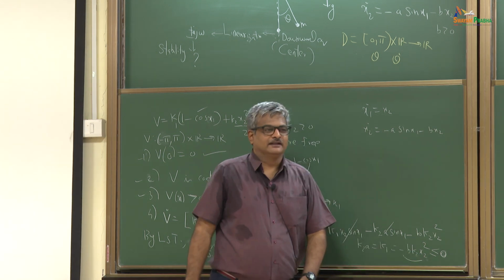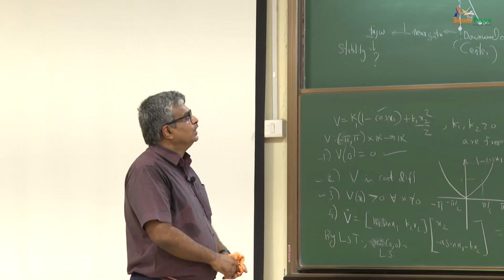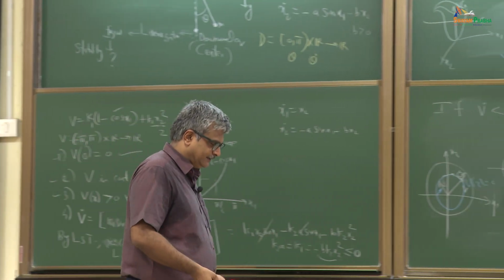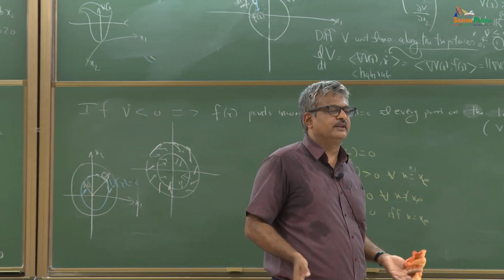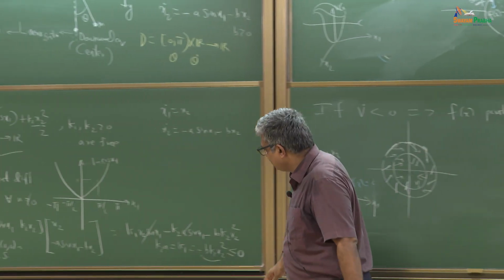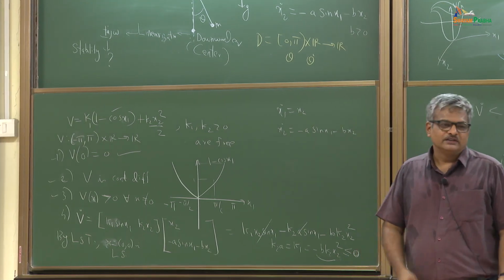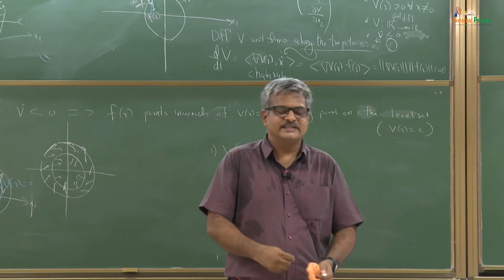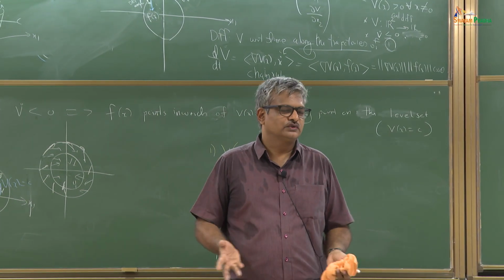okay? That may be a little hard. You can find it, but in general it may be hard. So there is another result which is known as LaSalle's invariance principle. What does that say? It says that even if you have V dot which is negative semi-definite, you can still do some signal chasing. I mean, you can chase the signals x1 of t, x2 of t, and so on.